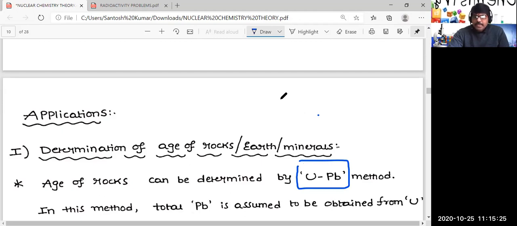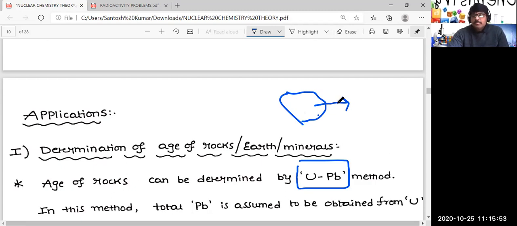And what is the very important assumption we are making in this? For example, a rock sample is given, and while finding the age of that particular rock, whatever lead is present in this rock is assumed to be formed from uranium only.